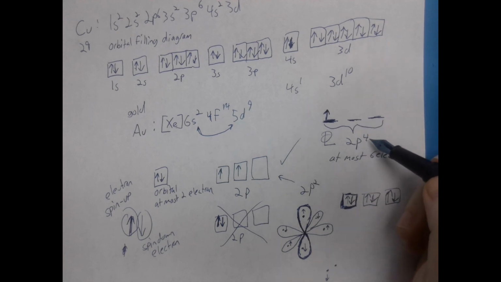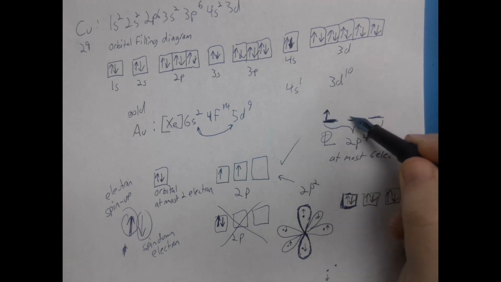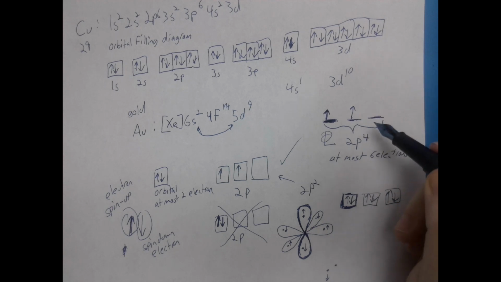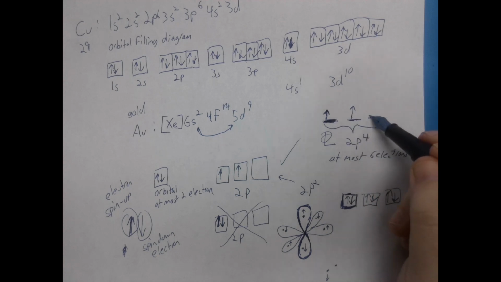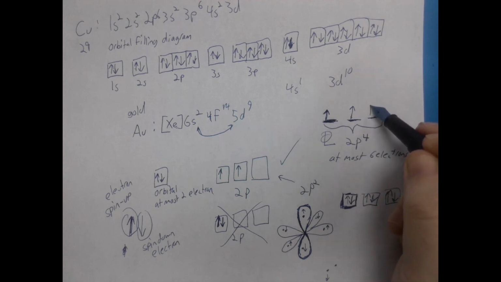If we add in the second, so you said we're going to add 4, the second electron also has to be up. But Pauli exclusion says we cannot have 2 ups on the same line, the same orbital. So we have to put it on the next one. And the third electron also has to be up, and we can't have 2 ups on the same line, so we're going to add it to the third.